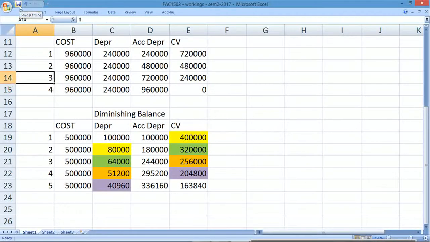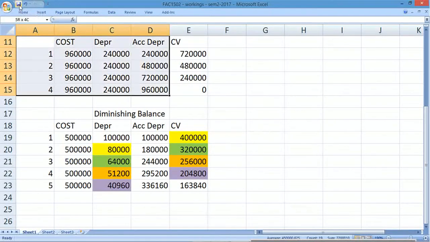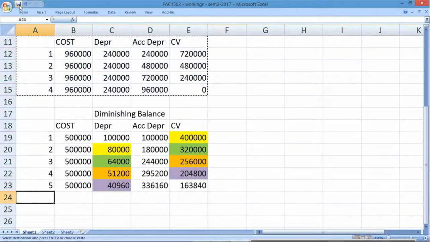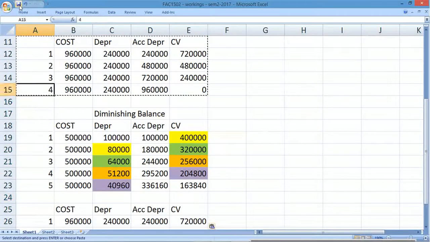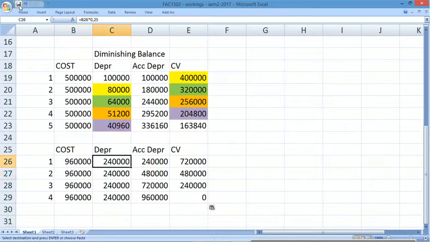Okay, so I'm just going to copy that because that's what I'm going to be using. It's the same cost. Okay, and then I just need to fix the. Okay, so depreciation is fine there, the first bit is fine. So this will be times 25%.